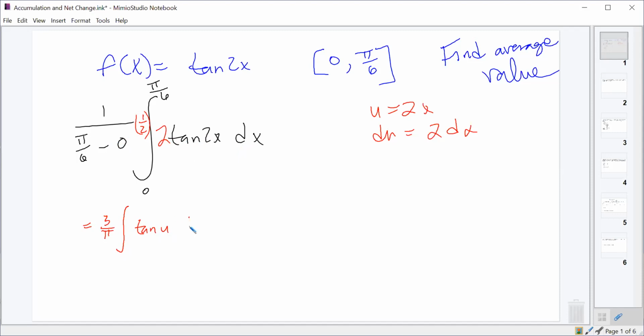So it's tangent u du. And then the lower limit was 0, so the lower limit now becomes 2 times 0, or 0. And the upper limit was pi over 6, so our upper limit becomes 2 times pi over 6, which is pi over 3.